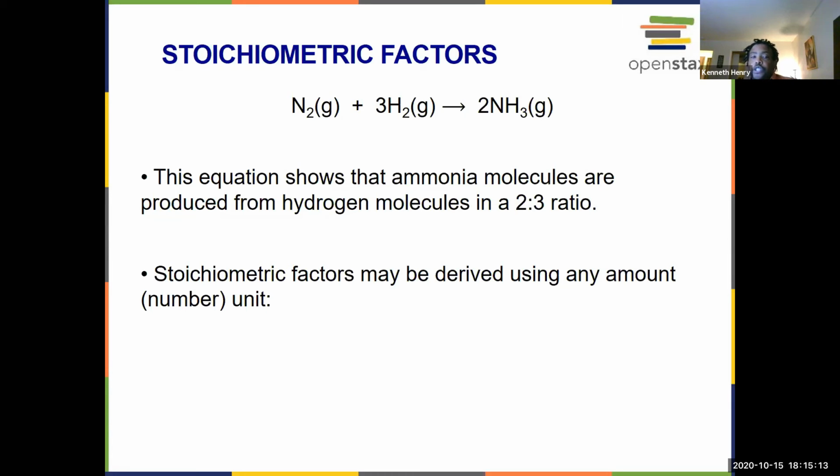So what I want you to do is, can you give me the ratios, or what we call the stoichiometric factors, for different things? Let's start with the stoichiometric factor between nitrogen and hydrogen gas. What is the stoichiometric ratio? 1 to 3.